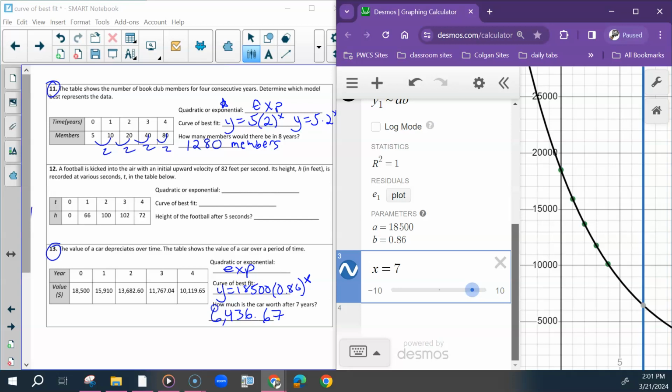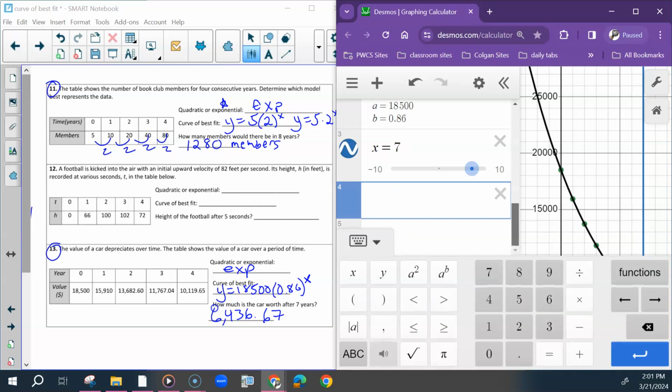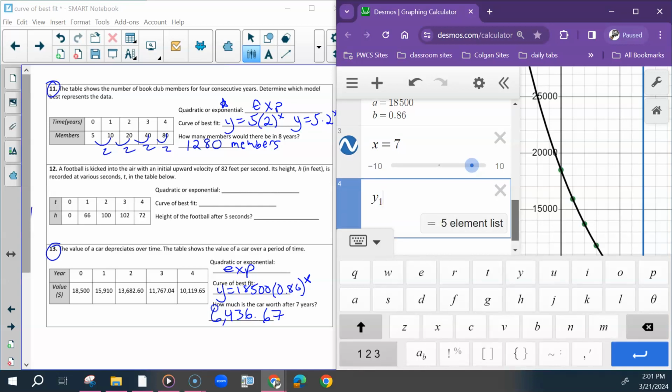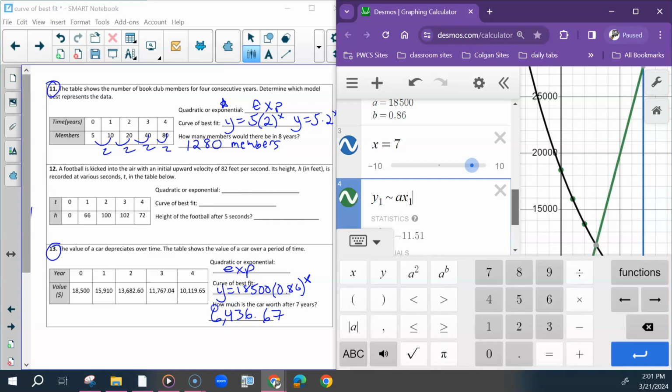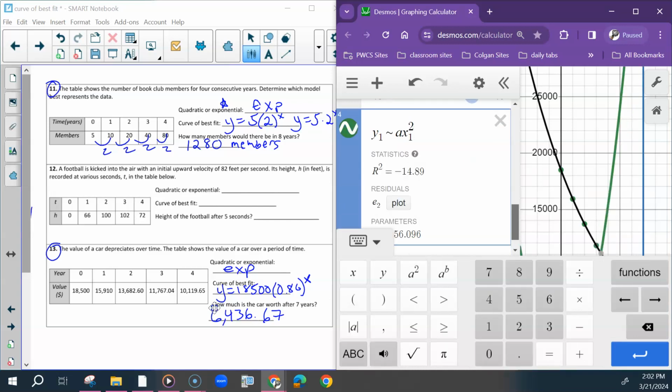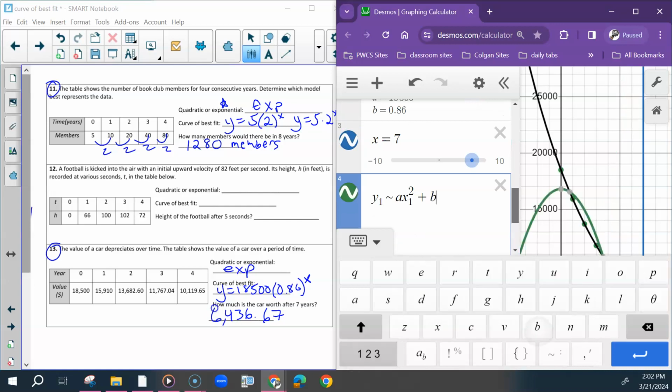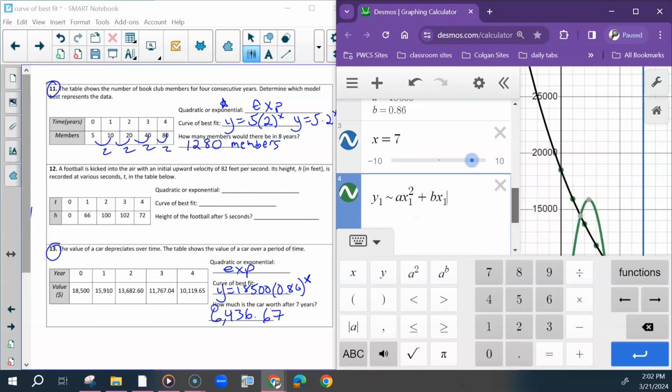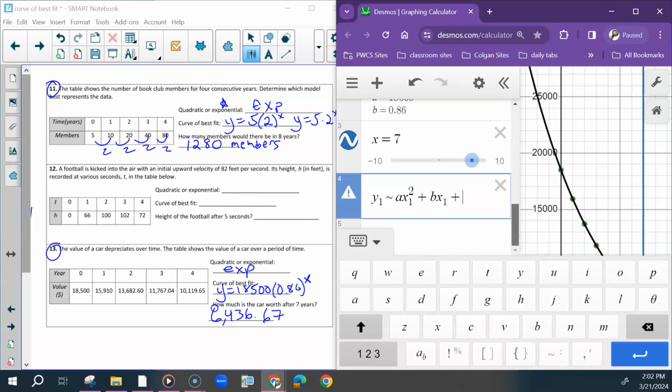Now that we've gone through some examples, let me show you this really fast. I'm just going to type in my quadratic regression just to show you that this wouldn't work the best. So y1 tilde ax1 squared plus bx1 plus c.